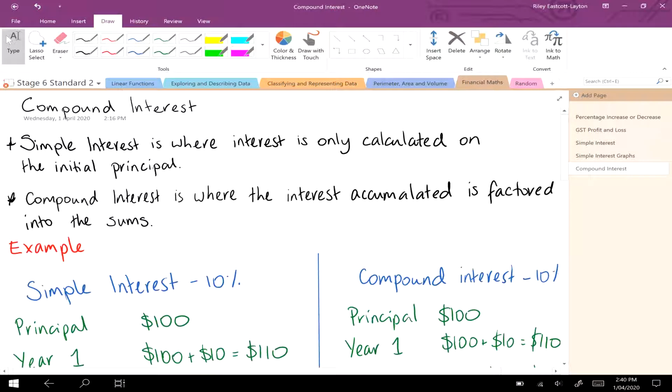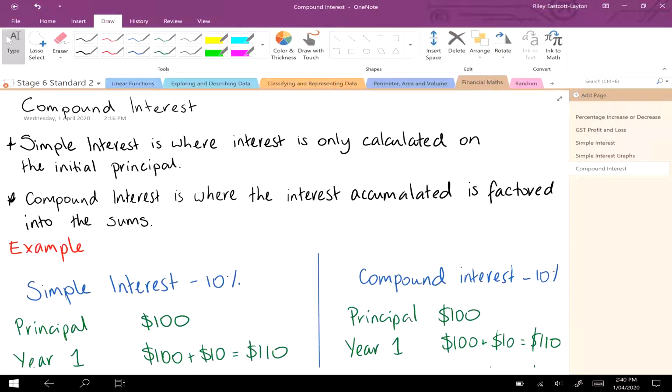The other day, we were talking about simple interest, where we have some sort of a principal, which we might invest in a bank or something like that. And each time that time period rolls around, so let's say it was a year, but it could be months or anything like that, the interest that we've calculated is added on in equal installments.